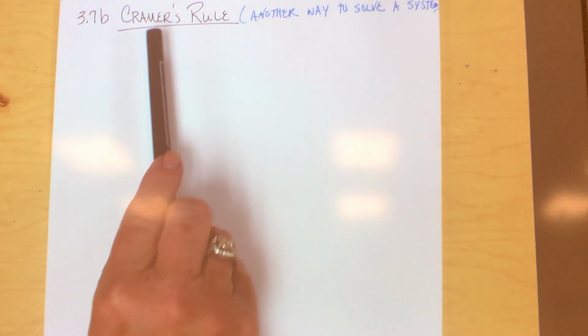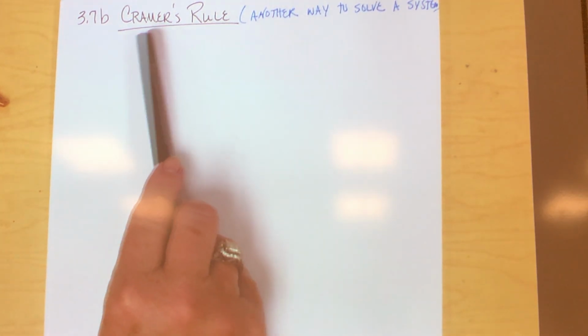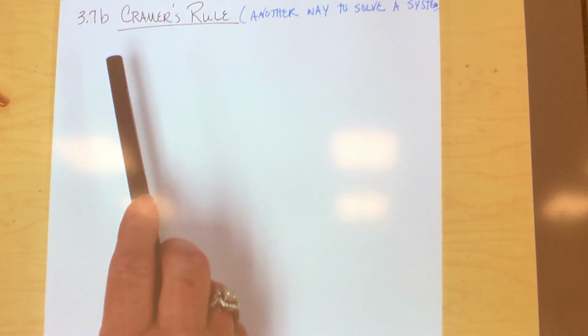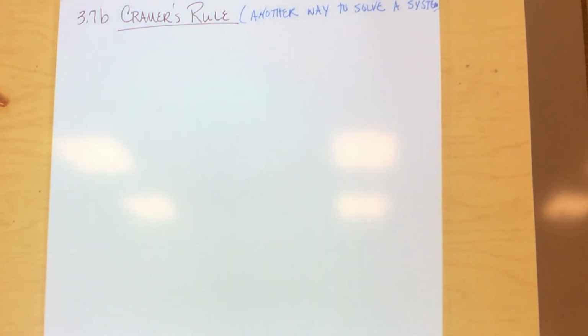So this is a famous mathematician, must have had a nag of a wife, okay, to have figured out that this is a cool way to get answers to a system, all right? So when we find x, you're going to go, what? It's unreal. It's amazing that that guy figured this stuff out, all right?